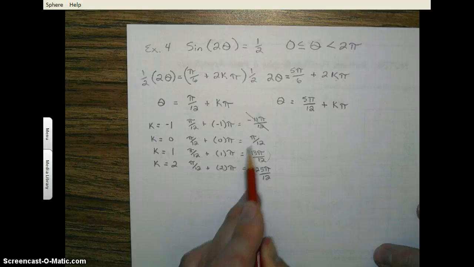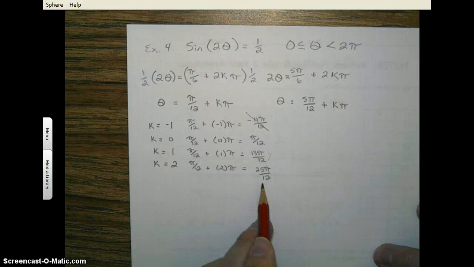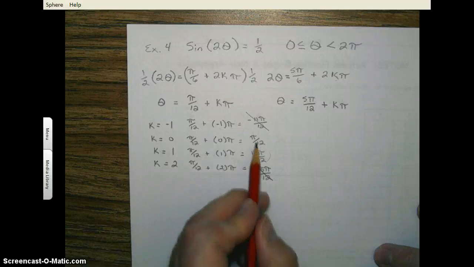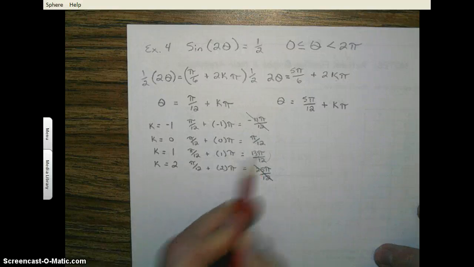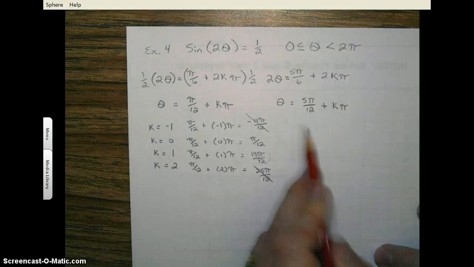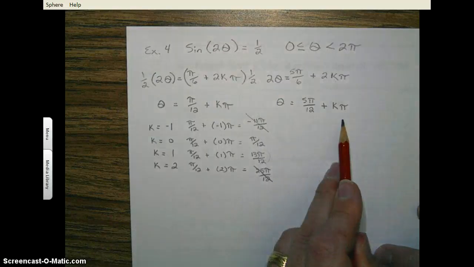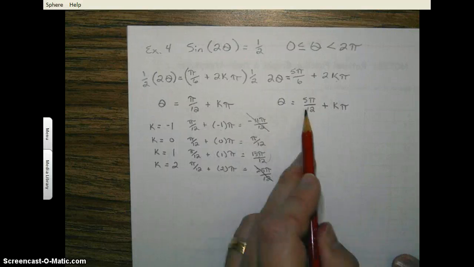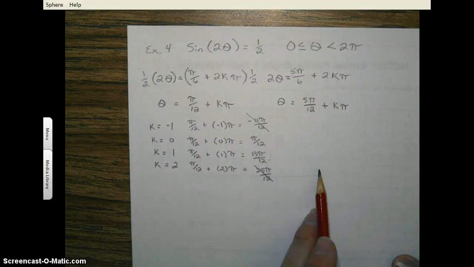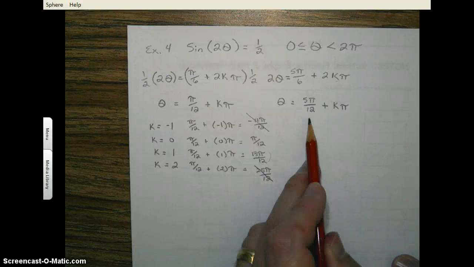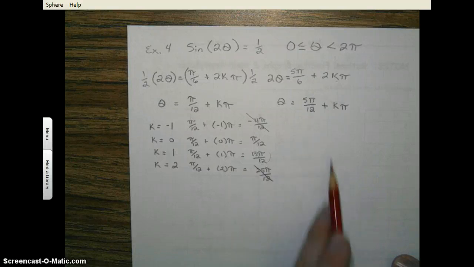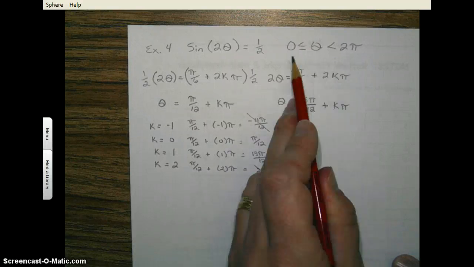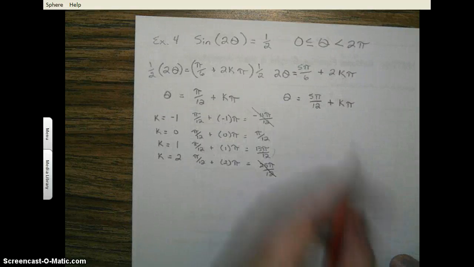That's just a little bit over pi, and that's a little bit over 2 pi, so that one would not fall. So these two would be solutions. Now you would use this same process with this general form as well. And why don't you go ahead and do this yourself and see what you come up with as the other solutions that fit into this restriction. Okay?